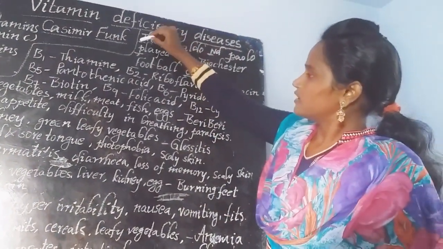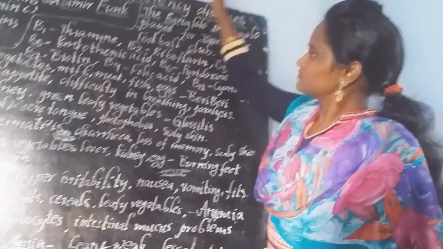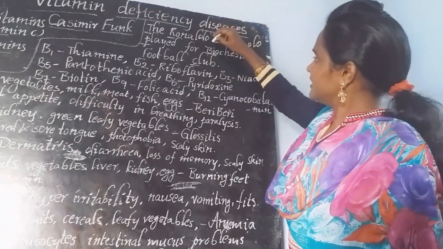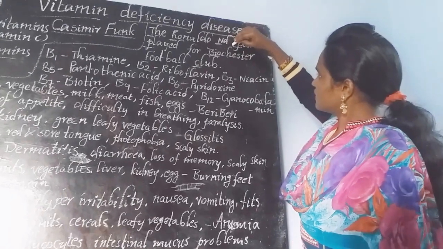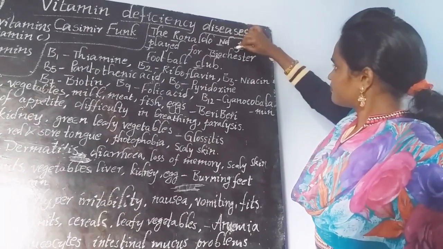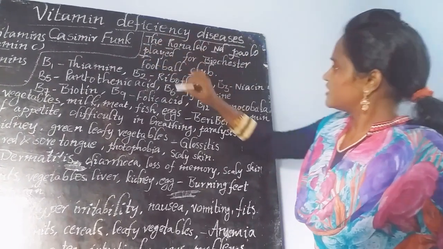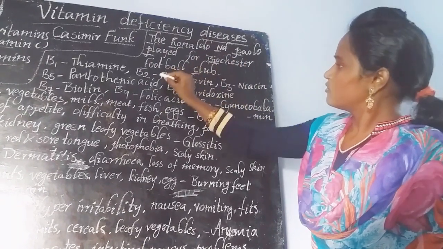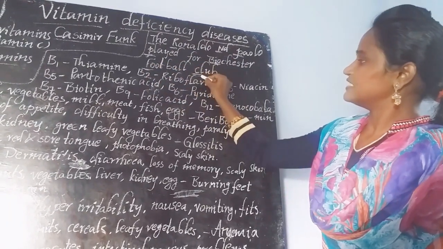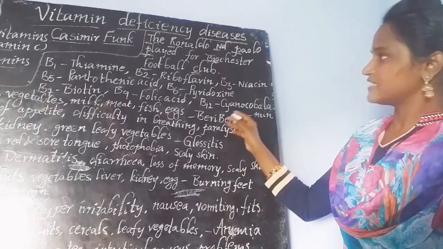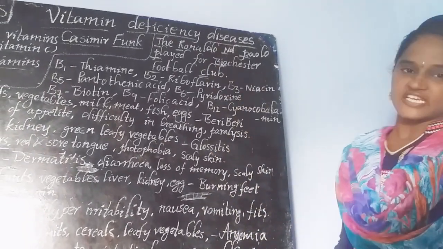Here I just underline T, R, N, P, P, Bio, F, C. You people also underline the same letters in the statement.